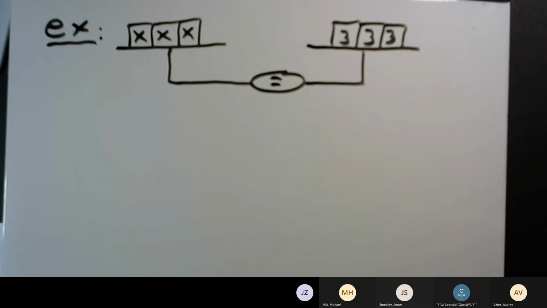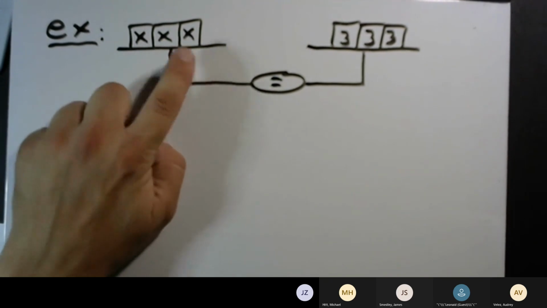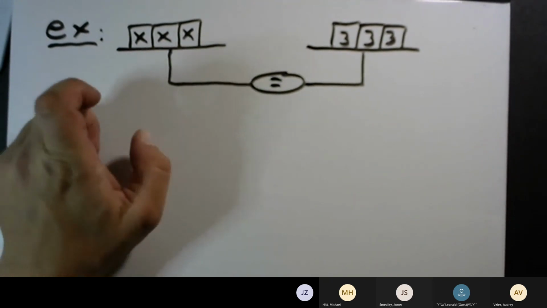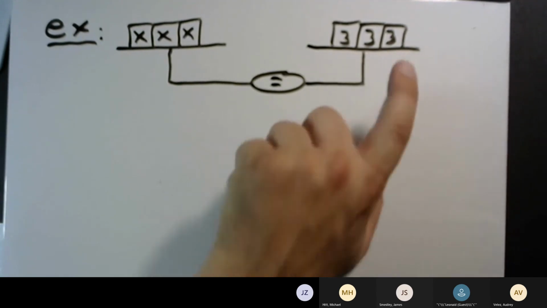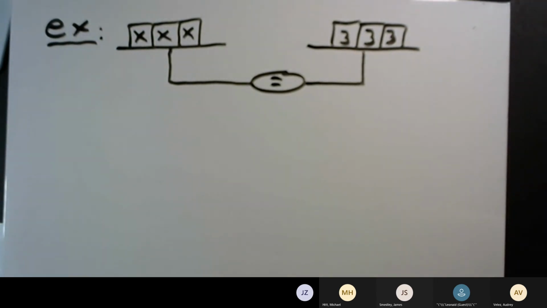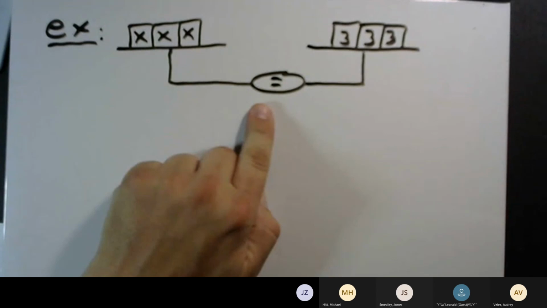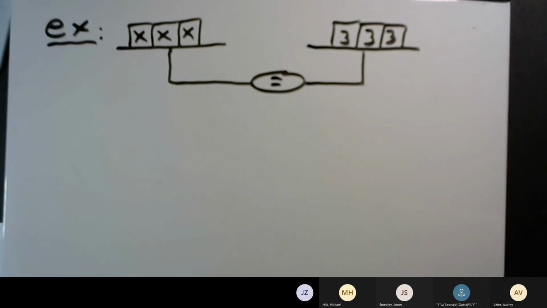Now, again, you would probably say, well, clearly this is, well, we don't know clearly. We know these have to be the same thing. X represents the same number. So that must mean each of these x's must be 3. And you'd be right. For these to balance, that would be correct.